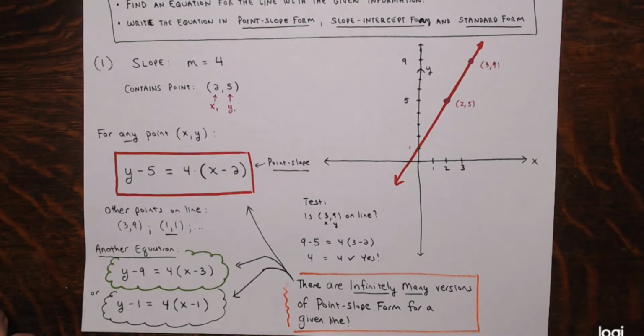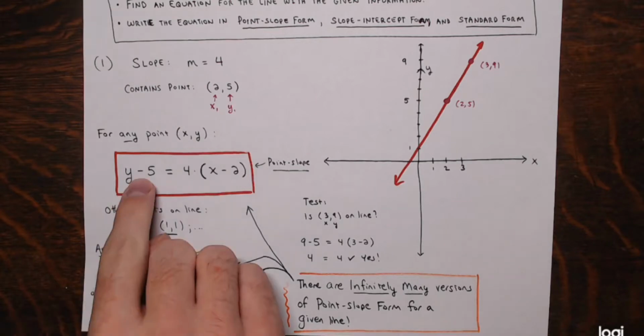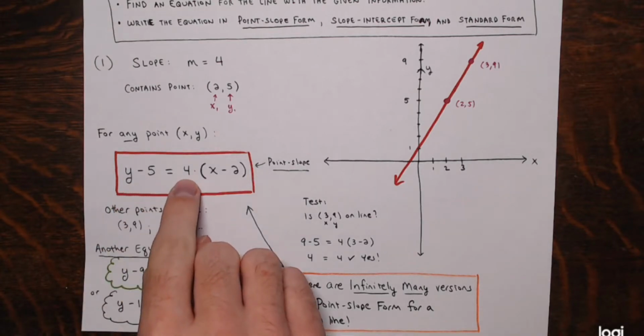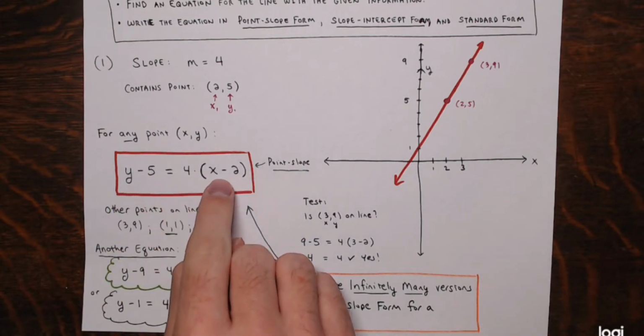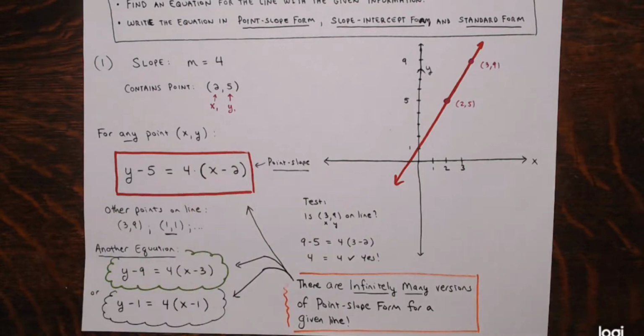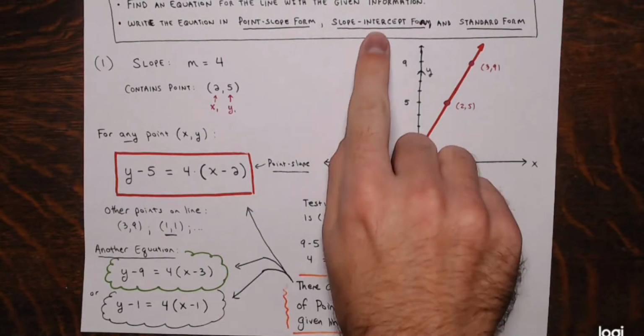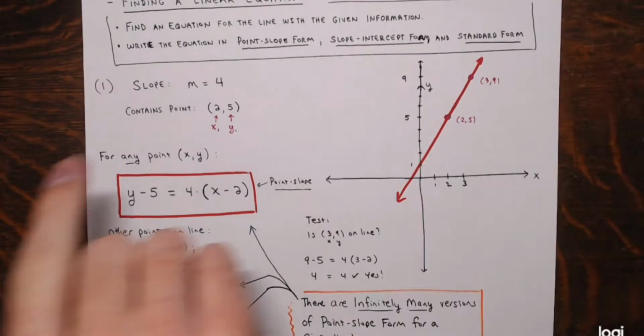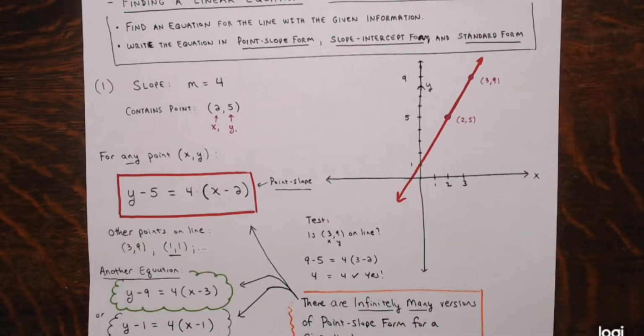That's a lot, but it's the change in y equals the slope times the change in x. It's just the slope formula manipulated a bit. Now, the next form, slope-intercept form. Now this is probably the one most people are familiar with.